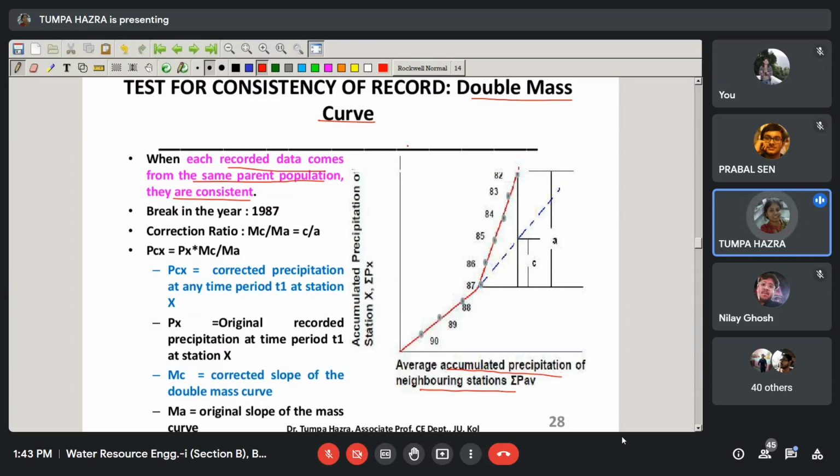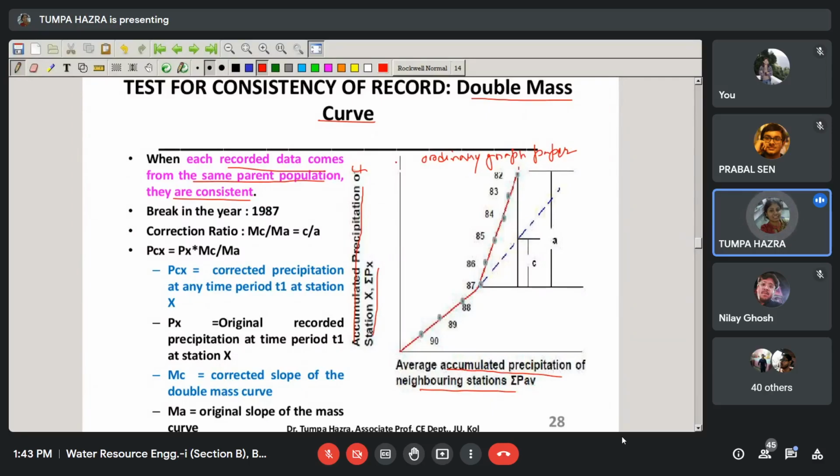Then you will plot it on ordinary graph paper. In the y-axis, you will plot the accumulated precipitation of station X, and in the x-axis, you will plot the average accumulated precipitation of the neighboring stations.